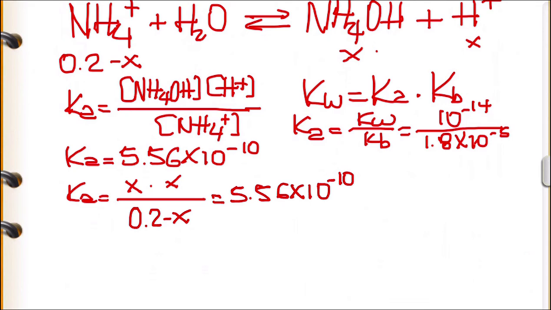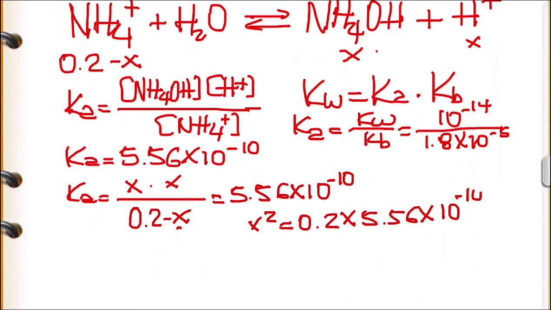Same principle that we had before. We know that X is very small, so we can simplify and make this 0.2. Therefore, X squared, X times X, equals 0.2 times 5.56 times 10 to the power of negative 10.